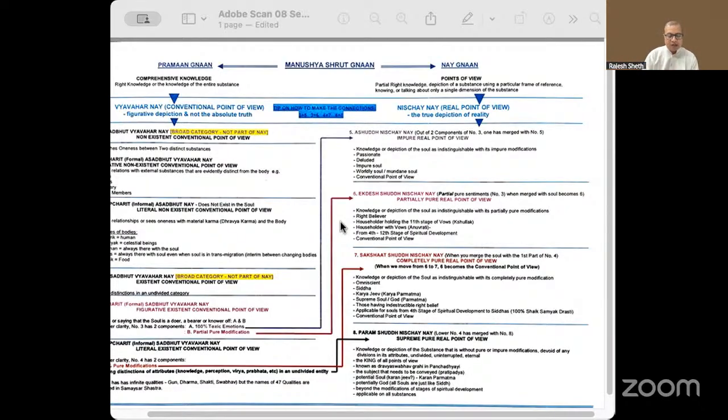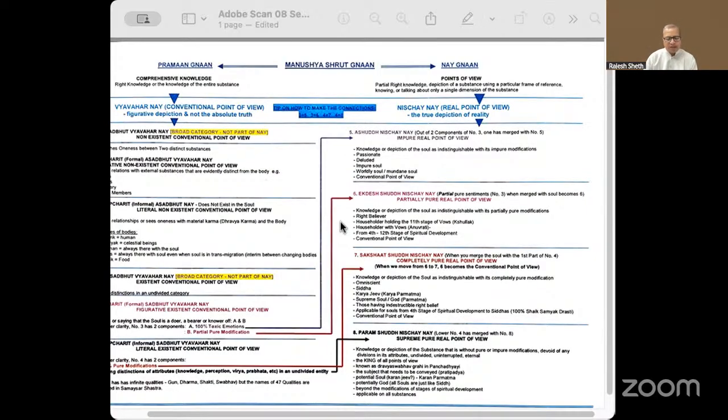It is actually a non-doer, akarta swabhav, and non-bearer, abhokta, from the absolute point of view. Thus, we see that this point of view describes the substance according to its true nature, swabhav, and not from any modification.